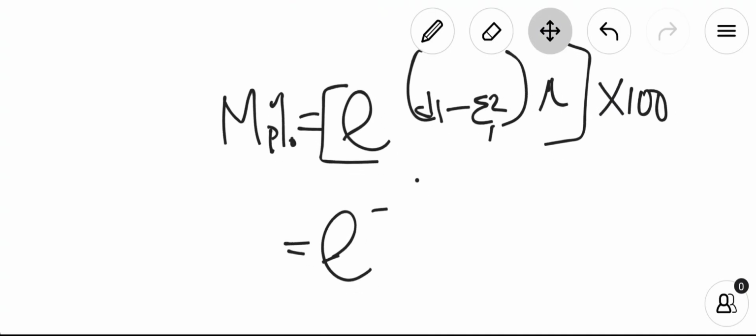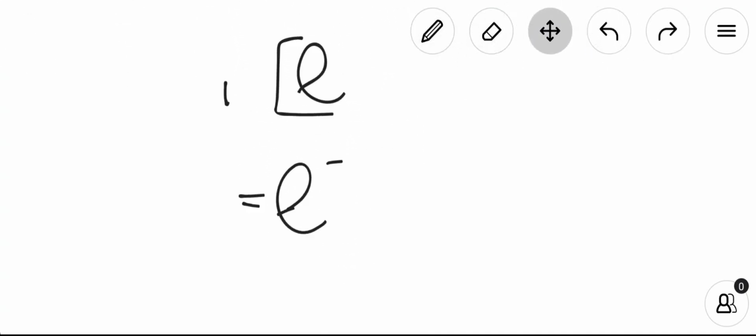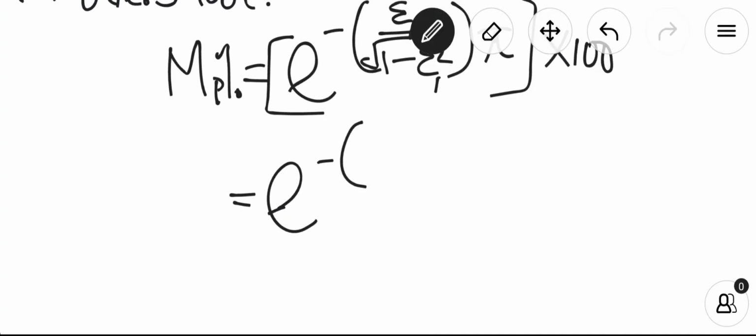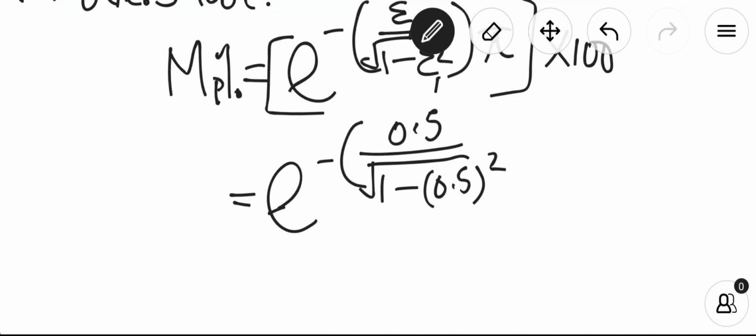Now if you substitute the values, this will be minus zeta, the value of zeta is 0.5, over square root of 1 minus 0.5 all squared, times pi, times 100.